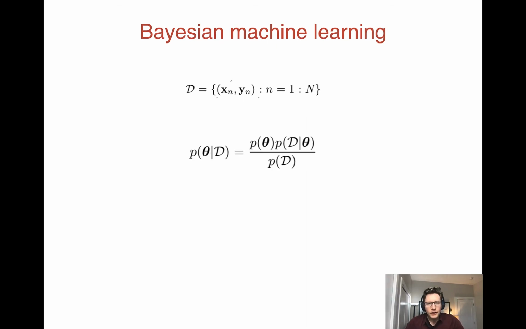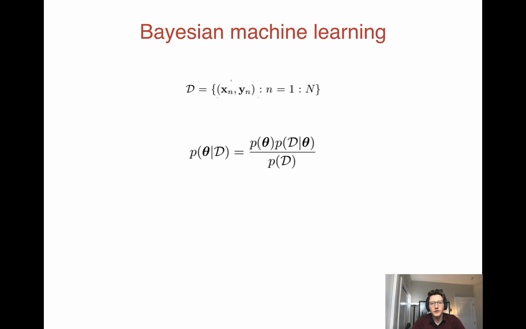So we already know how to do this. The first thing we probably need to do is get a distribution over theta, and to do that, we just use Bayes' rule. If we plug in Bayes' rule here, we have P of D, the probability of our data set overall, in the denominator. In the numerator, we have P of theta times P of D given theta.